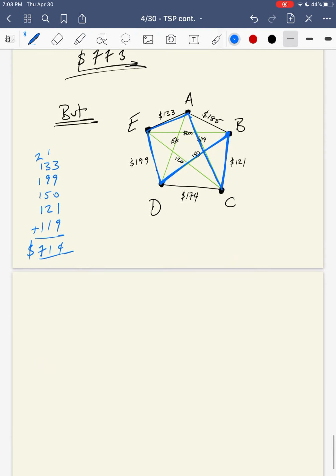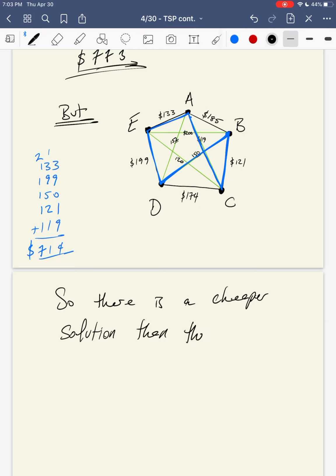So we actually have a cheaper solution than the cheapest link algorithm provides.